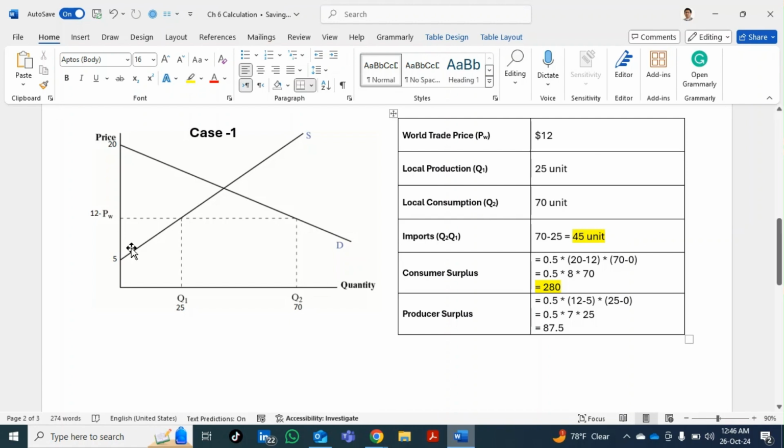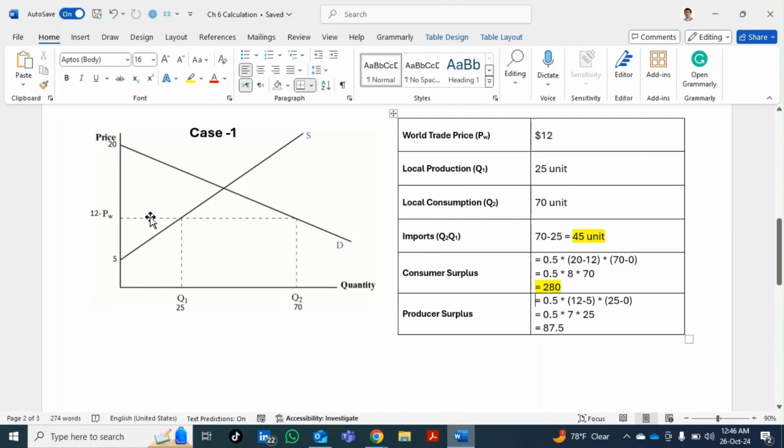Similarly, if we have to calculate the producer surplus, the area above the supply curve and below the price line represents the producer surplus. We have to see the maximum price, which is 12, and the minimum price, which is 5. The maximum quantity is 25 and the minimum is 0.